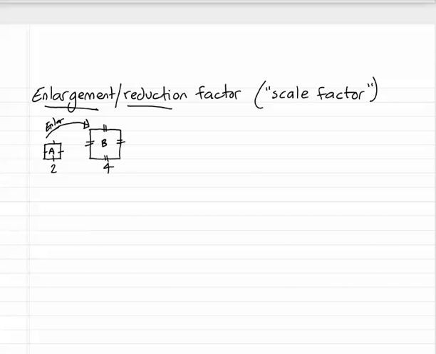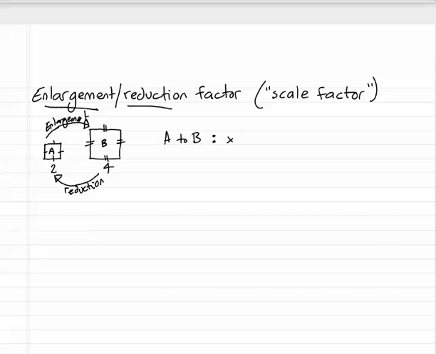But if I started with shape B and changed to shape A, that would be a reduction. So when you get asked for an enlargement factor, A to B, we can see that's times 2.